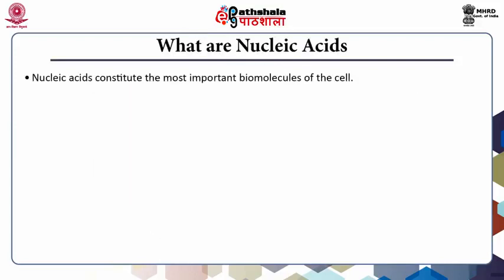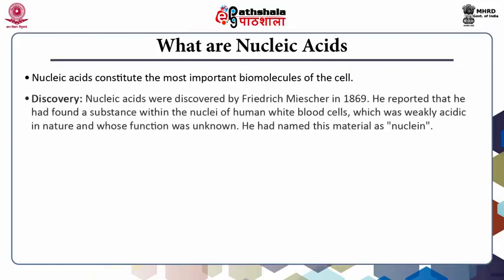The nucleic acids constitute the most important biomolecules of the cell, and these are critical entities for all forms of life. Discovery part should be understood as: nucleic acids were first discovered by Friedrich Miescher in 1869.